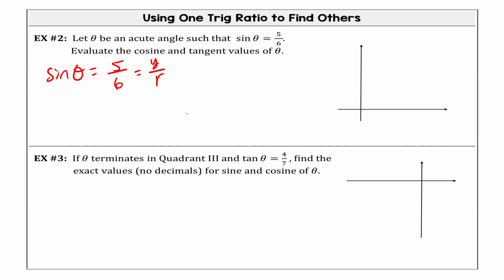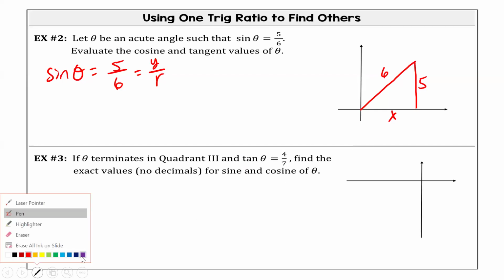Yes. Okay. So it's telling us our y and our r. That means if you're drawing it, you have a radius of 6 and a vertical change of 5, but you do not know your x. So we're going to solve for x.